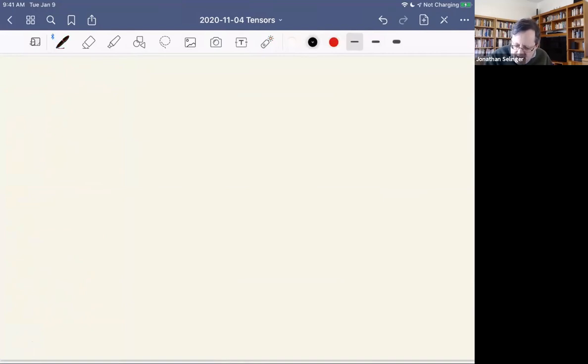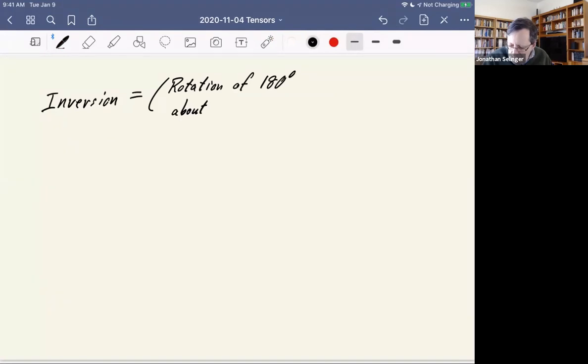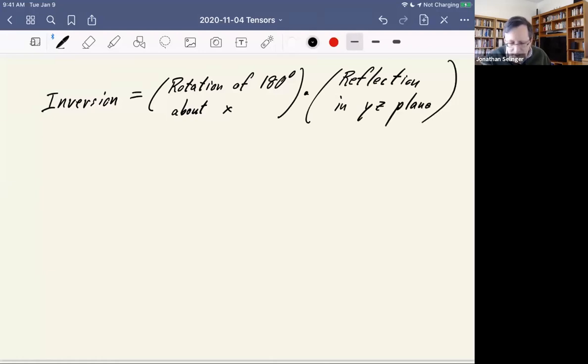Okay? So we could write that as a combination of operations, right? We could say that the inversion equals a rotation of 180 degrees about the x-axis, combined with a reflection in the YZ plane.